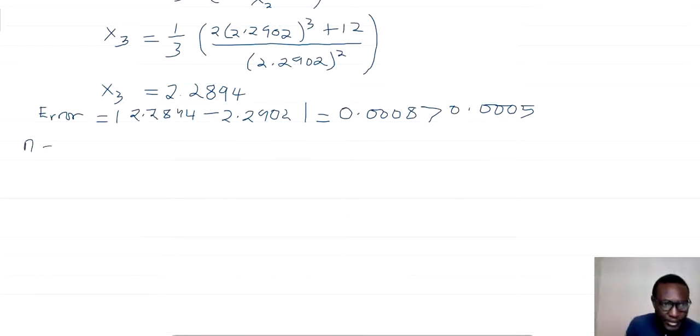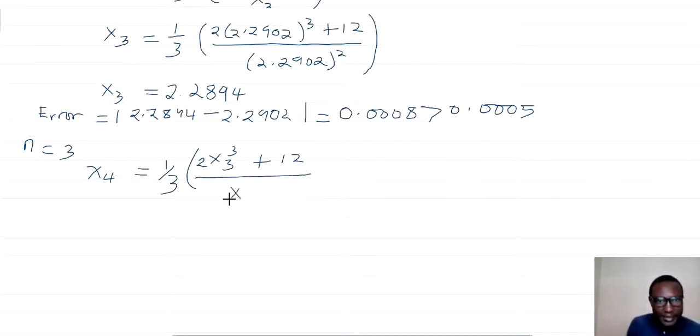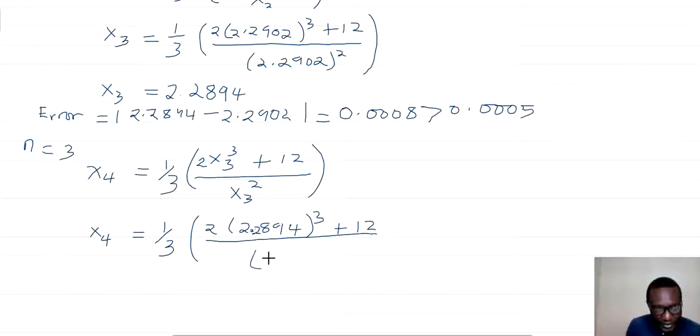So when small n is equal to now 3, we shall have x4 being equal to a third into bracket 2x3 power 3 plus 12 divided by x3 power 2. x3 is right there, so we shall have x4 as being equal to a third into bracket 2 into 2.2894 power 3 plus 12 divided by 2.2894 power 2.